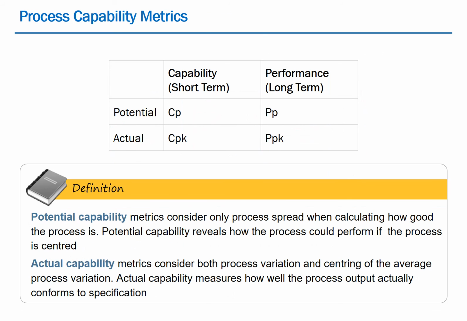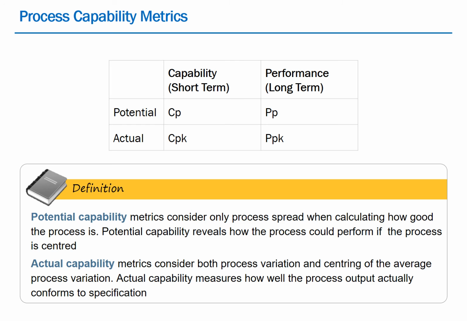So, in summary, we will look at capability metrics for both potential capability, that's when we just look at the amount of variation or spread in a process, and for actual capability metrics that consider both process variation and centering of the average. We will also consider, where appropriate, both short-term and long-term capability metrics, depending on how that spread has been calculated.